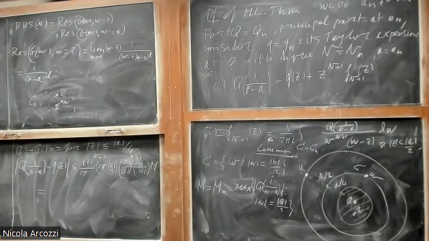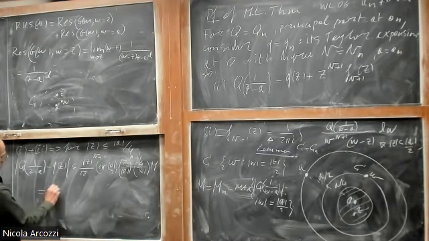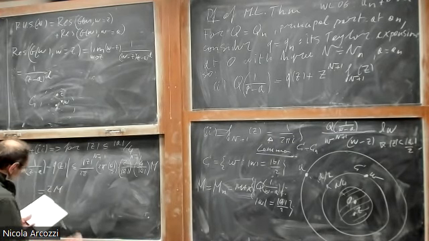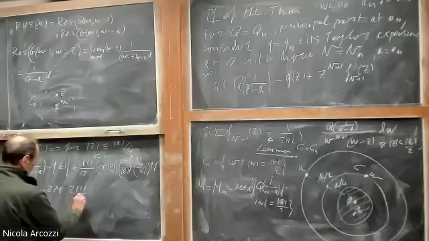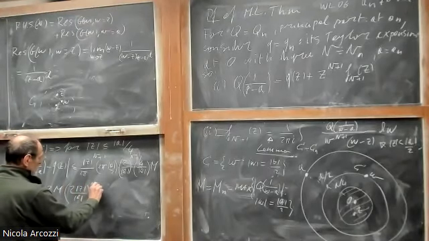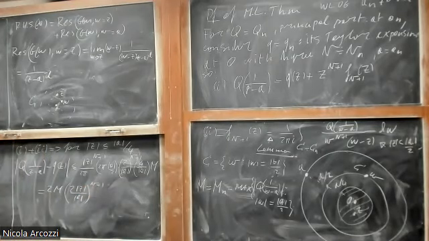After you cancel things, you get some constant times m times 2 over mod A to the n plus 1. If instead of 2 there is 100, that doesn't really matter.